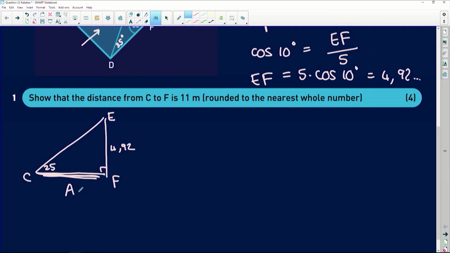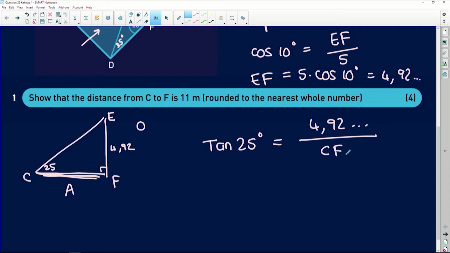This is the side adjacent to the 25, that's the opposite, so we use tan. Tan of 25 degrees is equal to opposite, 4,92, etc., all over CF that we're trying to find. If we make CF the subject of the formula, we get that it's equal to 4,92 all over tan of 25 degrees.